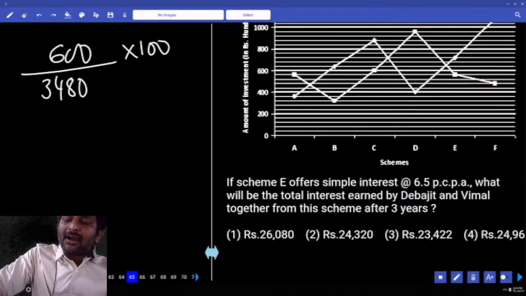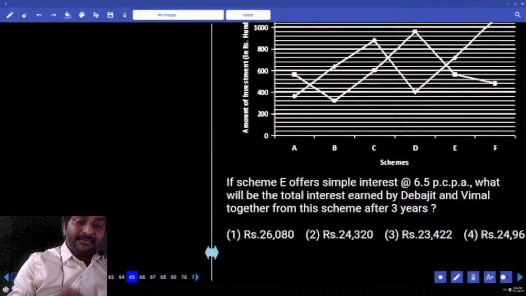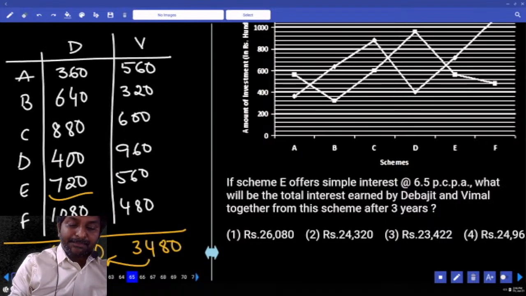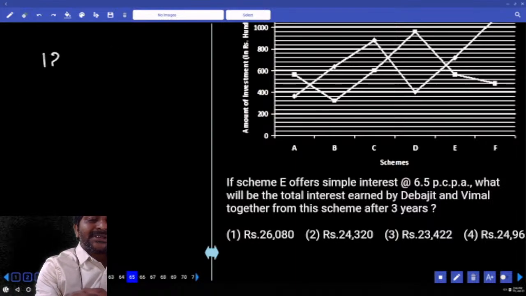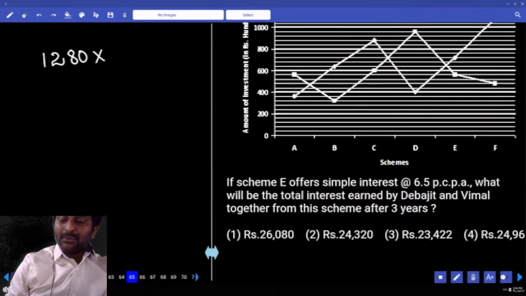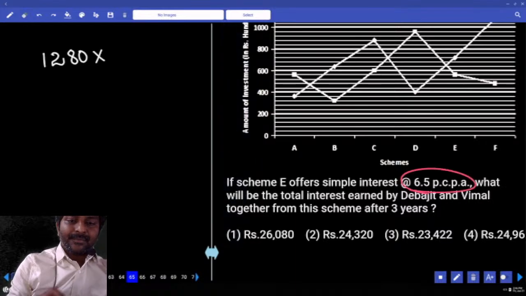If Scheme E offers simple interest at 6.5% per annum, what will be the total interest earned by Debajit and Vimal together from this scheme after 3 years? Scheme E, both persons together, correct? How much is that? 1280. The 1% value is equal to 1280. Into, what is the rate of interest offered?